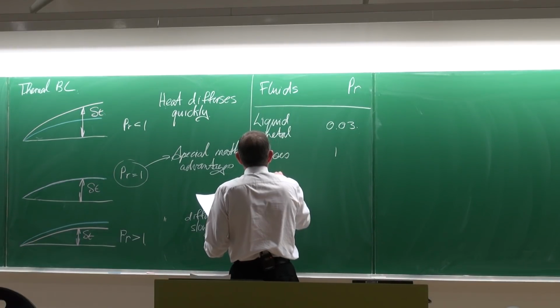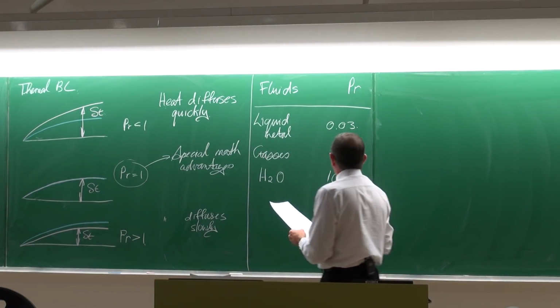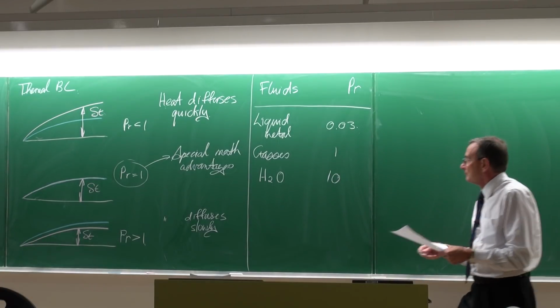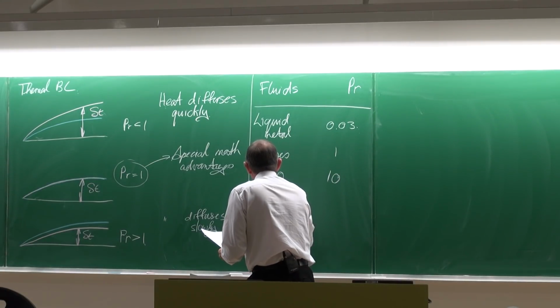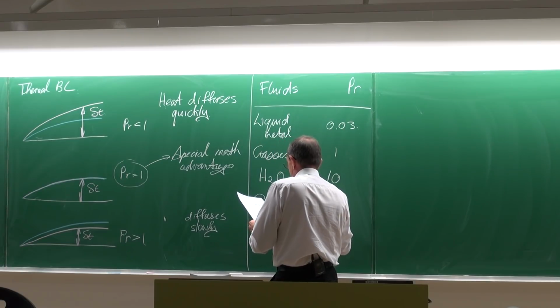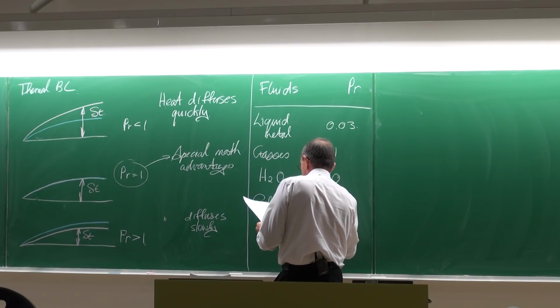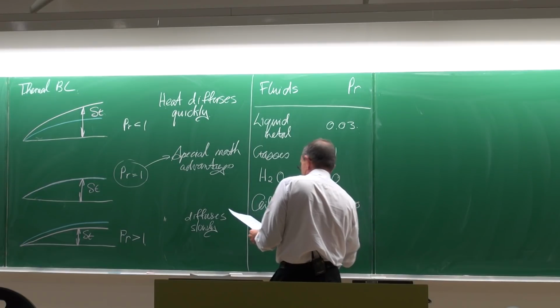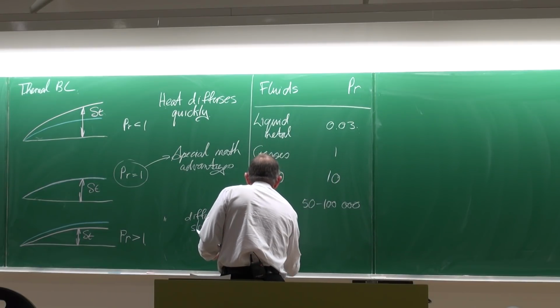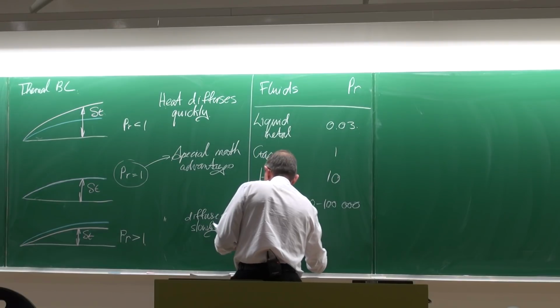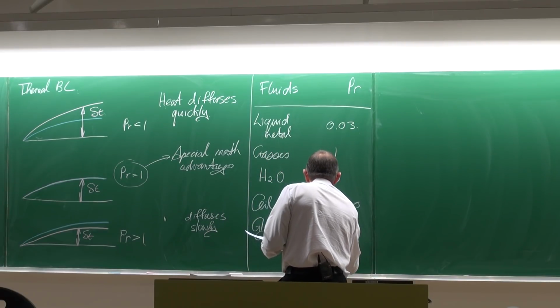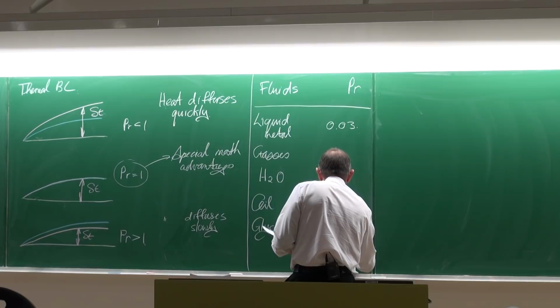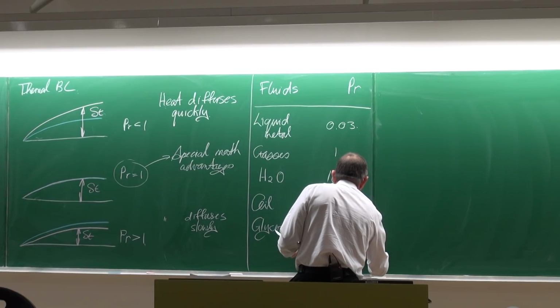Water has a Prandtl number of order of magnitude 10, while oils will have Prandtl numbers of order of magnitude of 50 to 100,000, and glycerine will have Prandtl numbers of approximately 2,000 to 100,000.